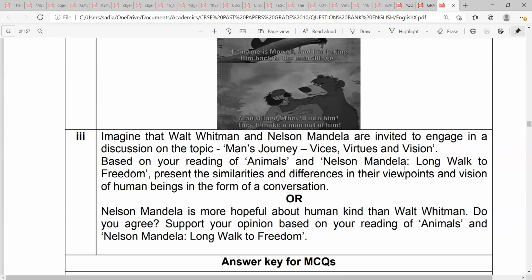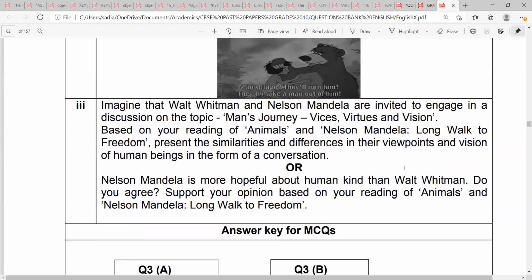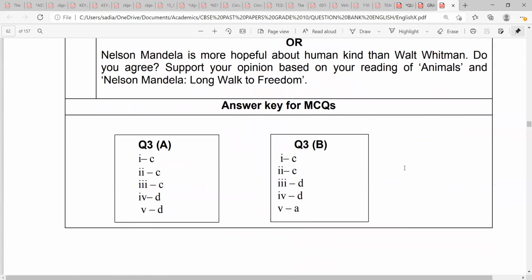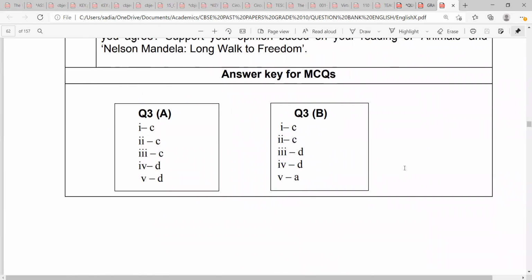Now, Walt Whitman and Nelson Mandela comparison. You need to be aware of the poet and the writer. You can see some certain comparison established over here and the answer key to your MCQs.